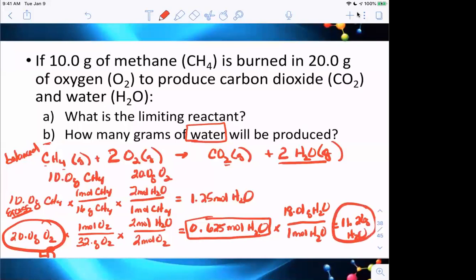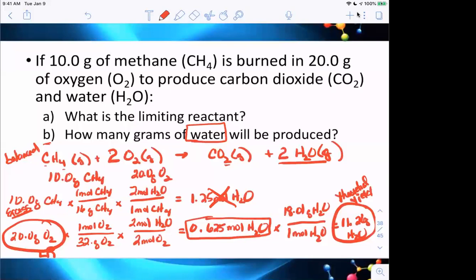This is my theoretical yield of H2O. The other number is meaningless because I can't make that. Even though I have enough methane to make it, I don't have enough oxygen to react with that excess methane.